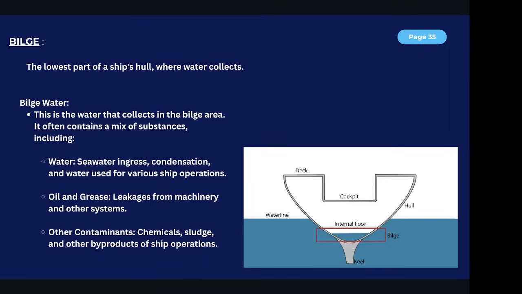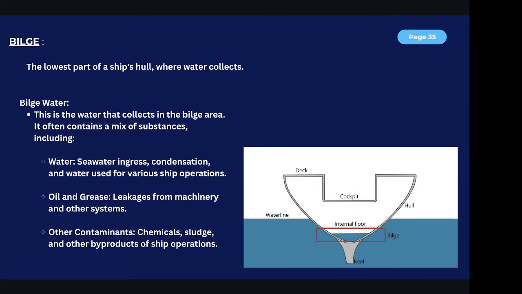So next that we have is what we call the bilge. The bilge is the lowest part of the ship's hull where the water collects. The bilge water is the water that collects in the bilge area.